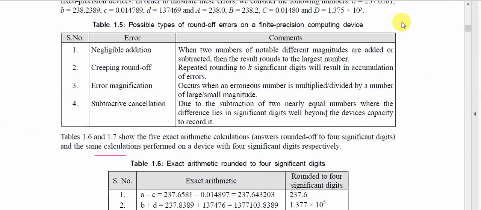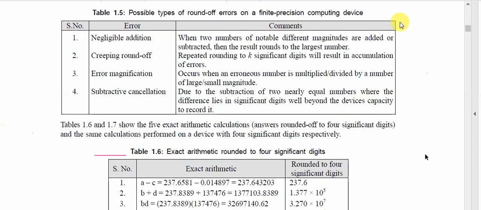This will depend on the capacity of the device, means computing device. If it is finite precision, then this will depend on the cancellation of digits. Only the significant digits will be taken into consideration.